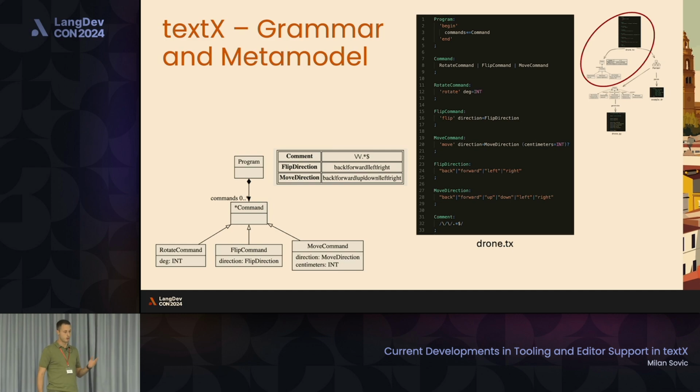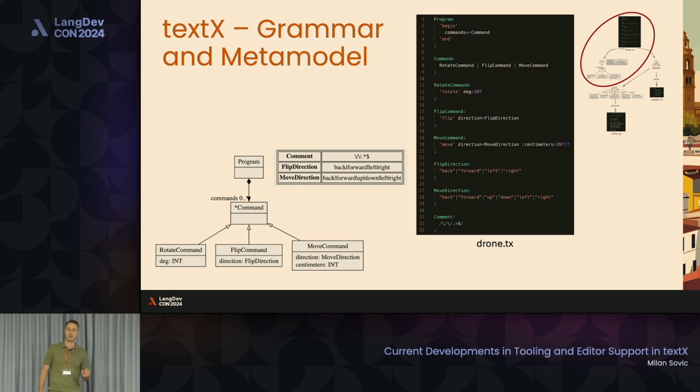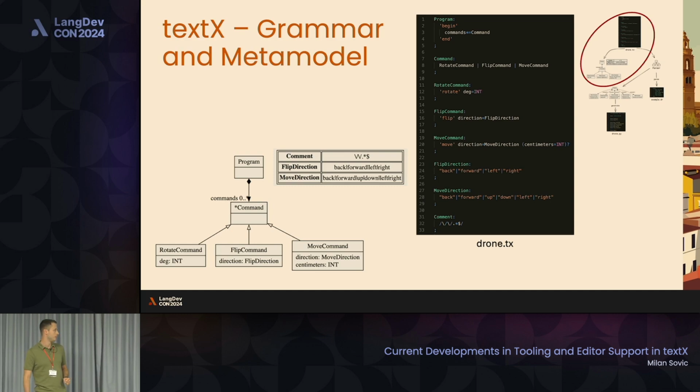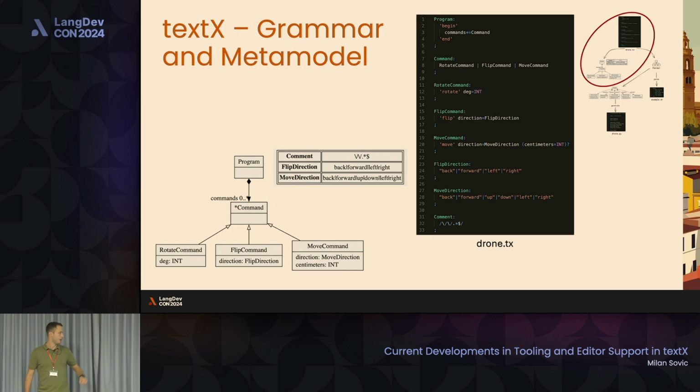We can see that our program should begin with begin and end keywords, and in between we have a set of commands. We have 3 types of commands: move, rotate, and flip, and they expect us to specify direction and the number of centimeters or degrees. And we can see the same thing in the meta model. We have 3 classes, each corresponding to 1 type of command.